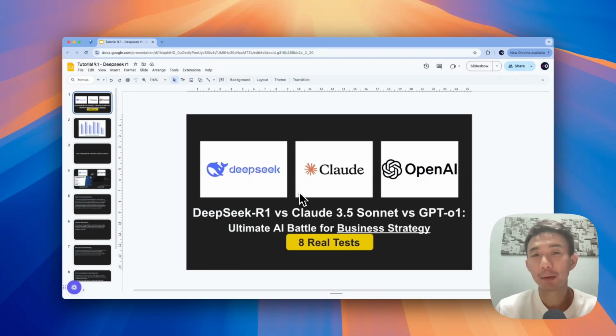Great, we have already completed 8 real tests for the business strategy use case for DeepSeek-R1, Claude 3.5 Sonnet, and GPT-o1 models, and compared the answers to see which one we like the most.